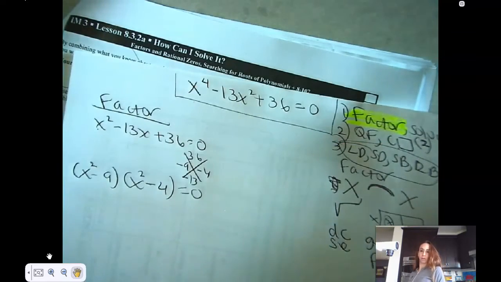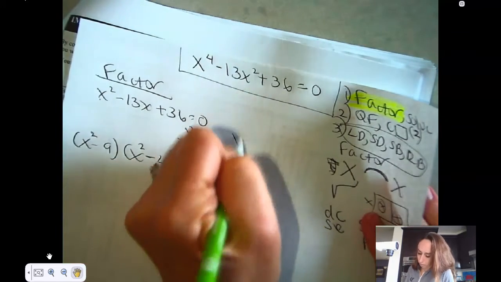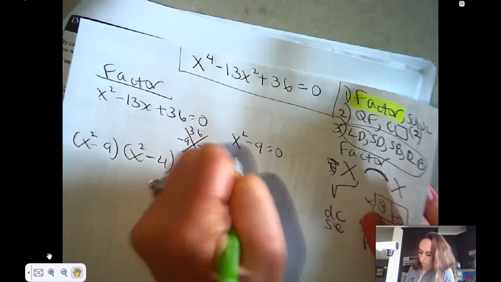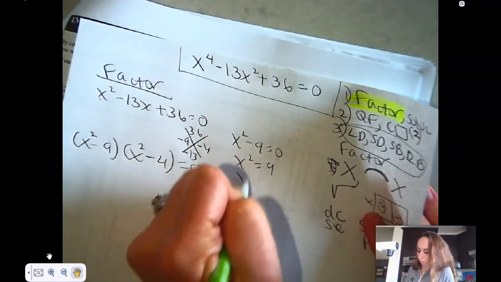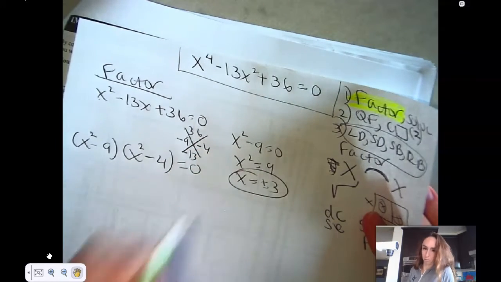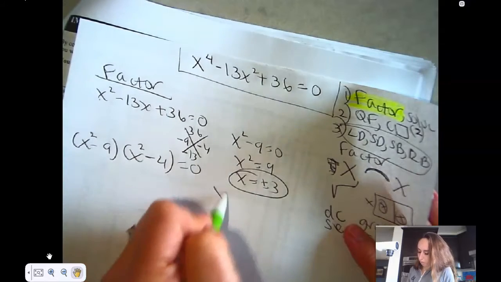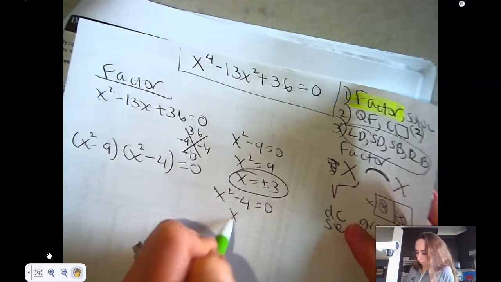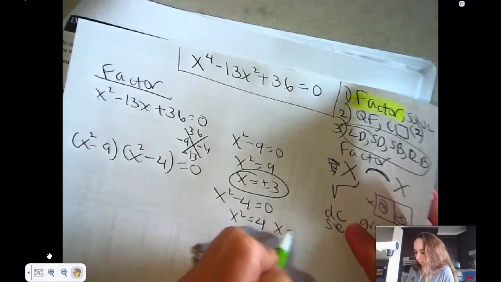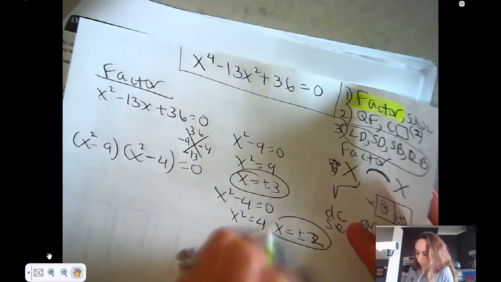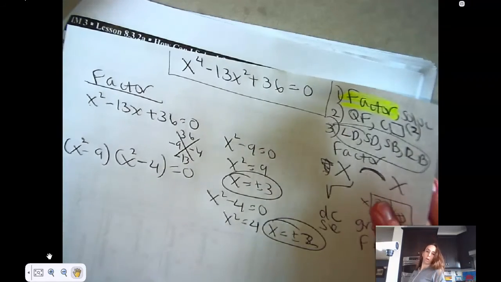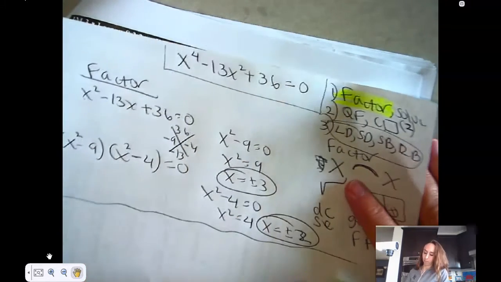Once I factor it, I solve it. I'm going to solve this equal to 0. Square root, square root. I'm going to set this equal to 0. Okay? So one way to do this is by factoring.